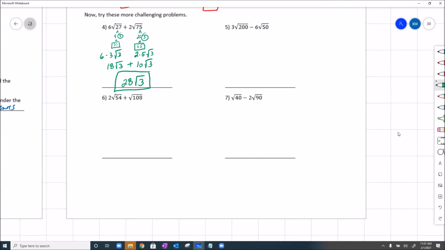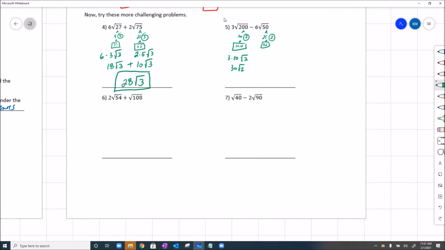Number 5, we have 3 radical 200. As I look at that, I see 100 in there, times 2, 10 and 10. So I have 3 times 10 radical 2, which gives me 30 radical 2 here. We have 6 radical 50. So that's 25 times 2. That's 5 radical 2.